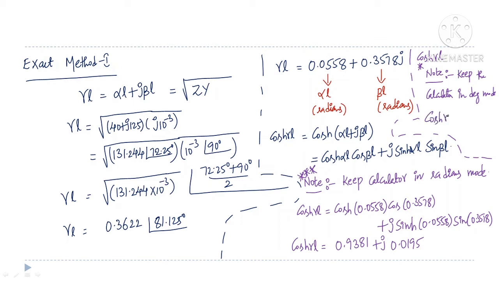Now what is cosh gamma L? Cosh gamma L in polar form is 0.9383 at an angle 1.2 degrees. This is about the cosh gamma L story.